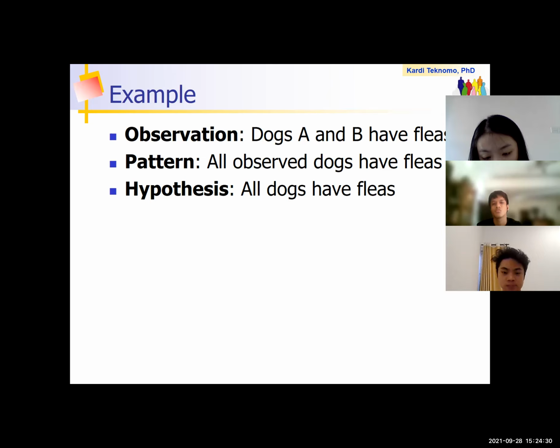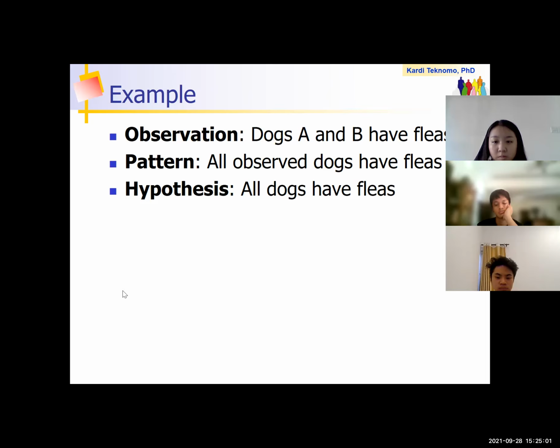You start with the observation, and then you get a certain pattern from the observation. After that, you create a hypothesis. I don't like to put this as a conclusion because this is actually still a generalization, not a real conclusion yet, still a hypothesis.